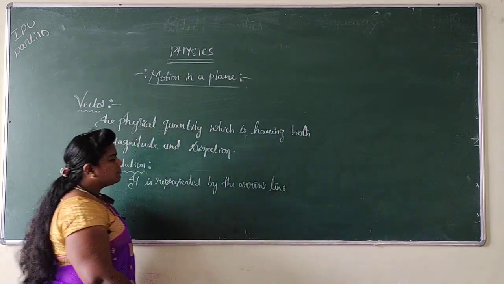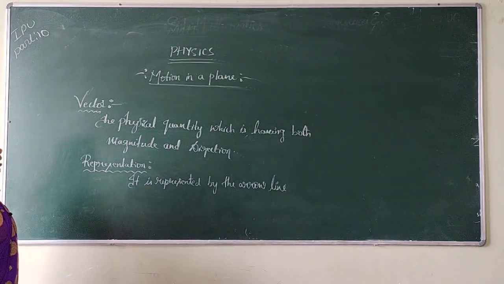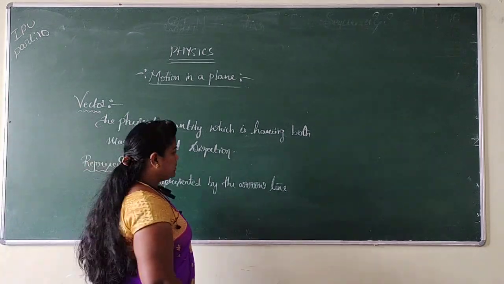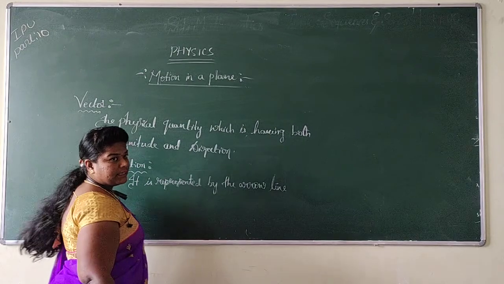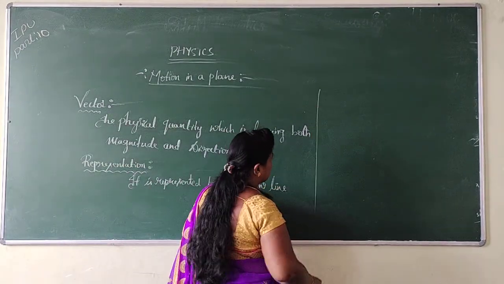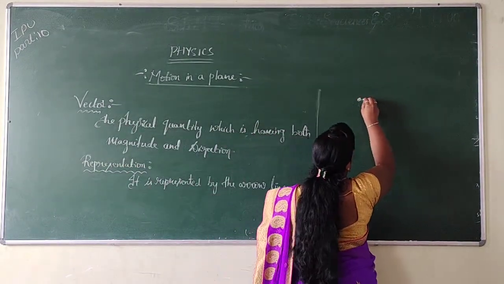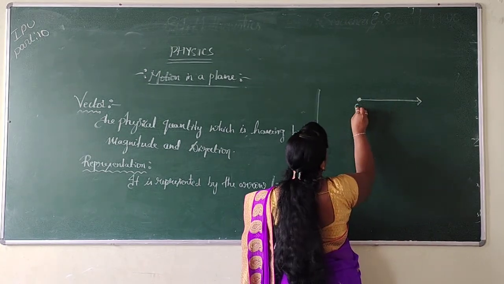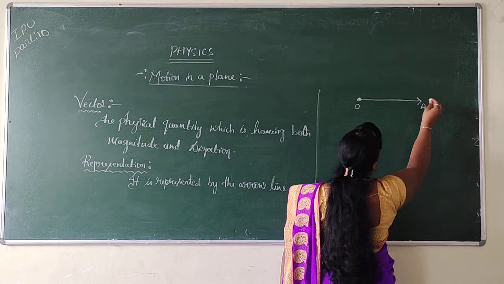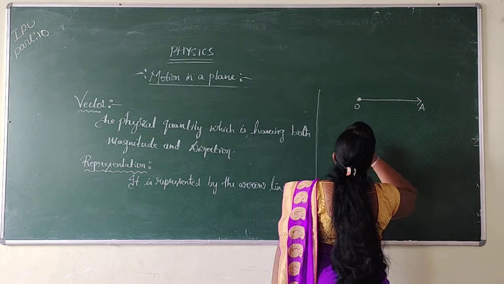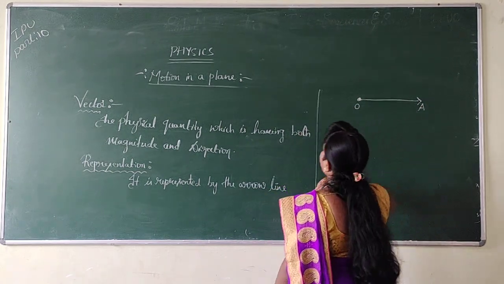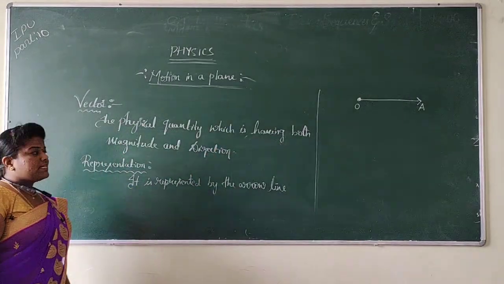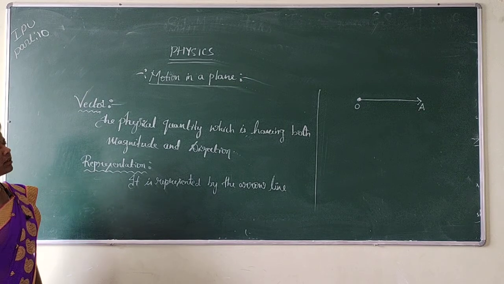If I write the arrow line in this way, see, my dear students, this arrow line is a representation of a vector.